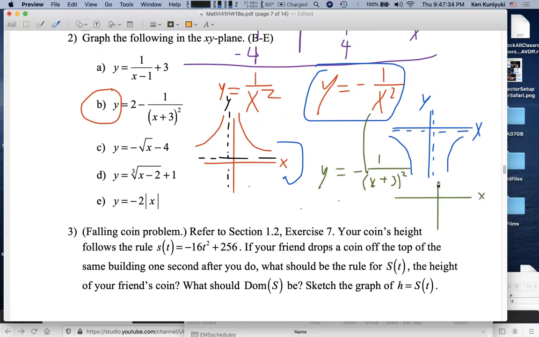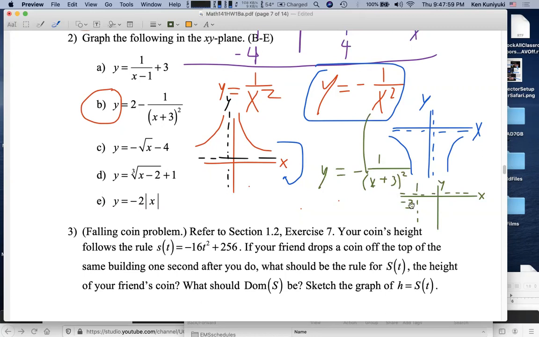We still have an HA at the x-axis, but our vertical asymptote is now at x equals -3.